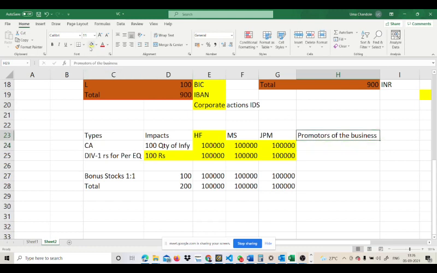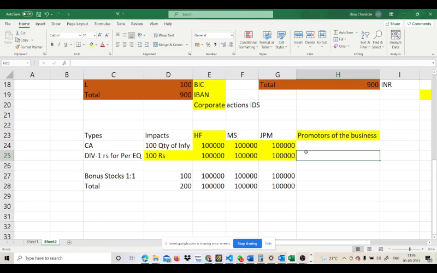If you see Infosys, Narayan Murthy and his team are the promoters of Infosys. If you talk about Wipro, Azim Premji, or his son and family, are the promoters of the business. The Reliance family is the promoter of their business. In the Tata Group, Ratan Tata is the promoter. Right, so this applies to all.